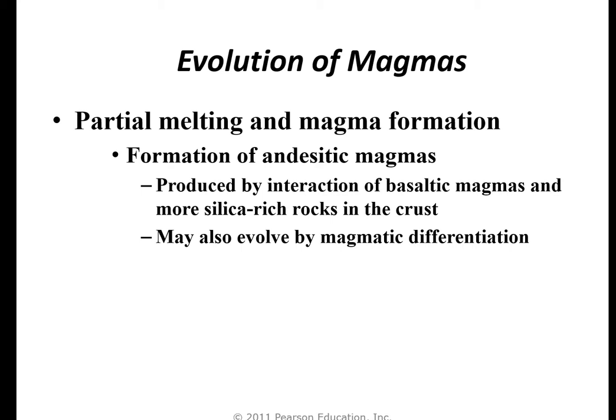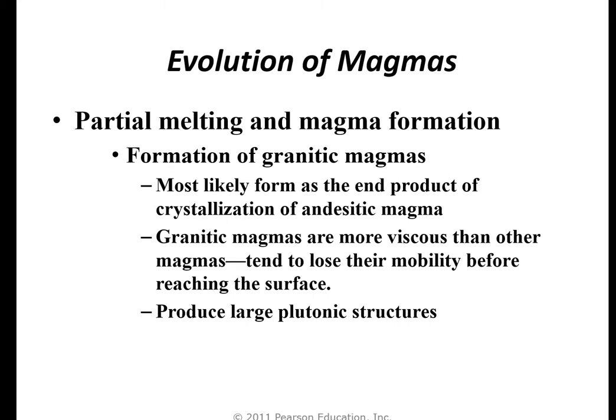They may also evolve by magmatic differentiation. Granitic magmas are most likely formed as the end product of crystallization of andesitic magma. Granitic magmas are more viscous than other magmas and tend to lose their mobility before reaching the surface, and they produce large plutonic structures.